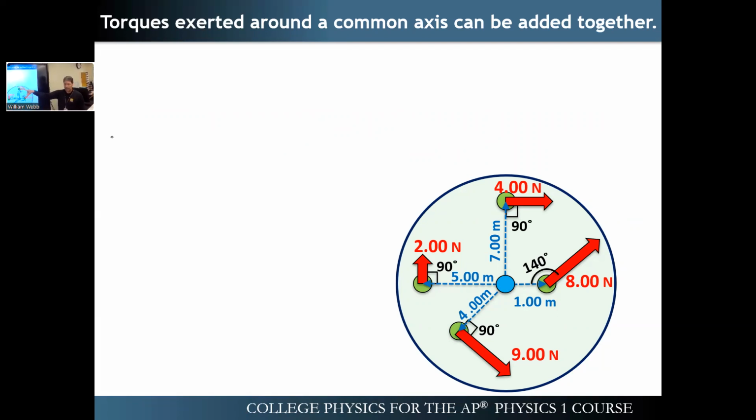This person's obviously trying to make it go clockwise, right? If we look at the values here, what could we conclude about this student in terms of their strength and their intelligence? They're intelligent, not very strong. What draws that conclusion? They're pulling at a 90-degree angle, which means they'll have the most torque, but they're pulling with 4 newtons of force, so they're not very strong.